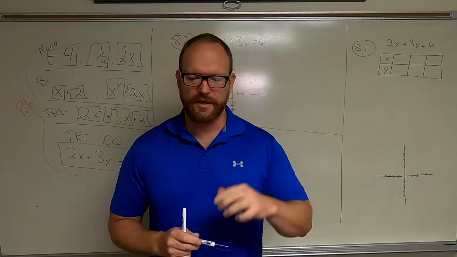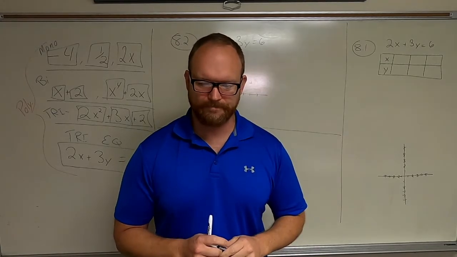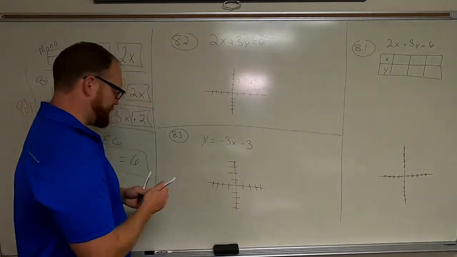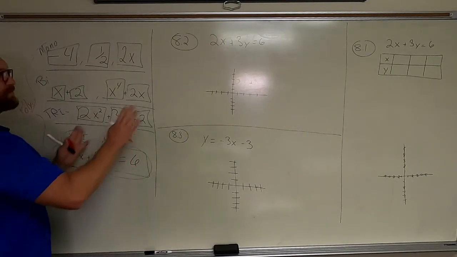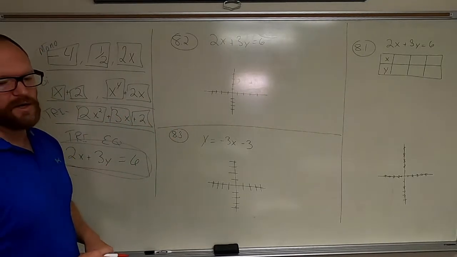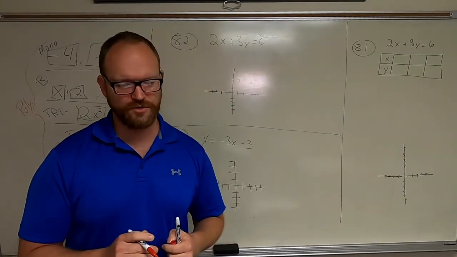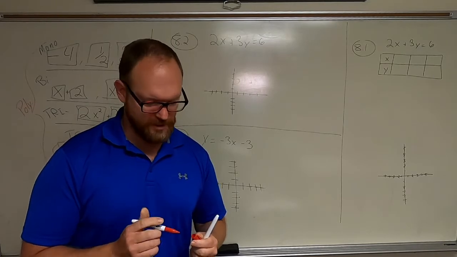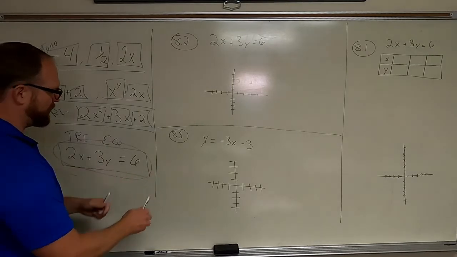Not a whole lot to deal with now with those, but in looking at this particular trinomial equation, which is going to be our springboard into what we're going to talk about with linear graphs, our book tells us that the graph of a first-degree polynomial equation in 2 unknowns is a straight line. Now this is a first-degree polynomial equation.